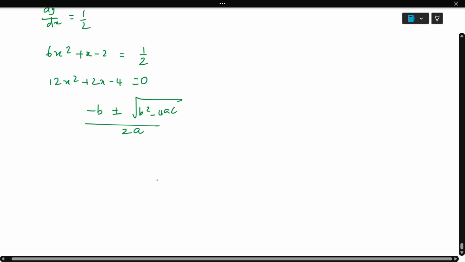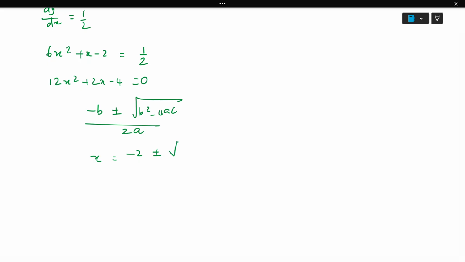So just plug in x equal to minus 2 plus or minus square root of 2 square minus 4 into 12 into... sorry, here 1 is there. When you bring it here, this equation becomes 12x square plus 2x minus 5 equal to 0.